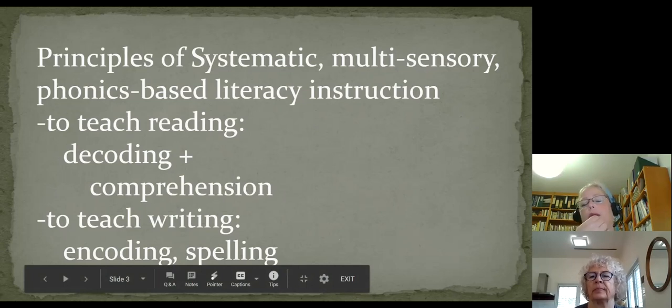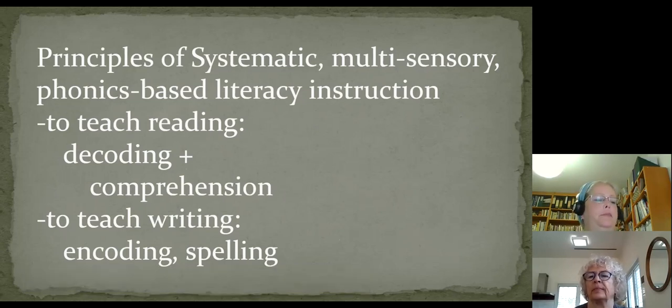Okay, so what are we aiming for? We're aiming to teach reading, which is a combination of two steps, as you know, decoding and comprehension. And struggling readers, one of their biggest problems is that so much of their attention is going to just sounding out the words, to decoding, that they don't have much attention left over for understanding what they're reading.